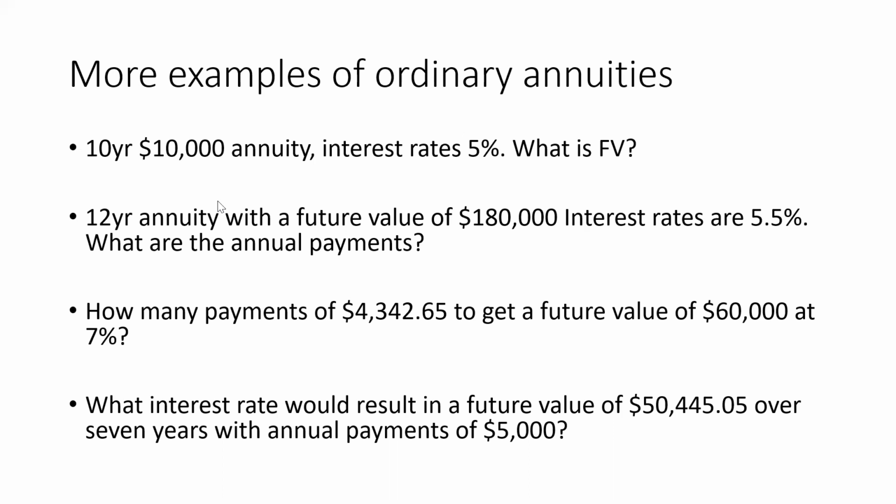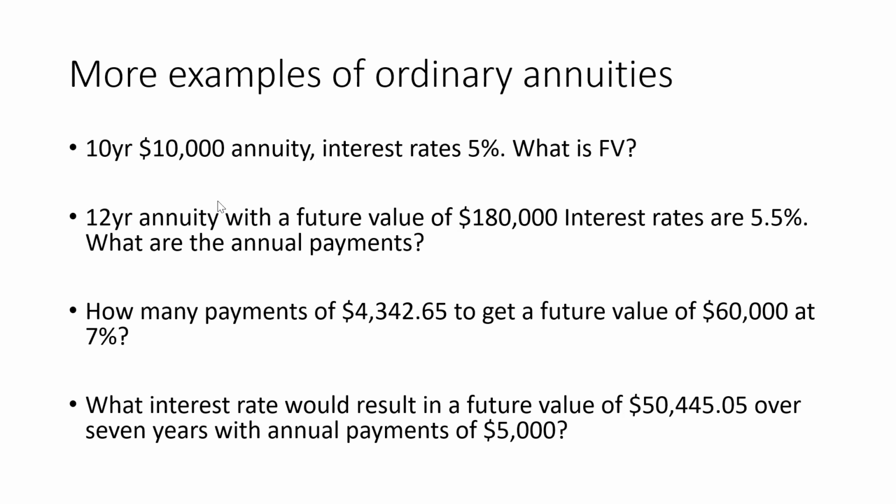Here, $10,000 is going to be our payment. We have our 10-year for N, interest rate 5%. Once we put that in and compute for future value, we're going to get $125,778.93.